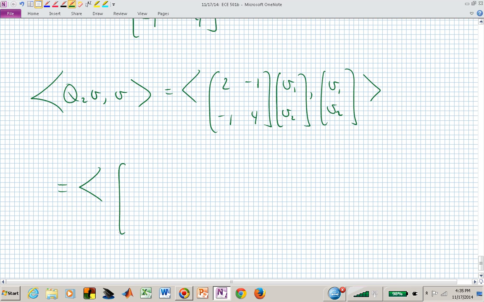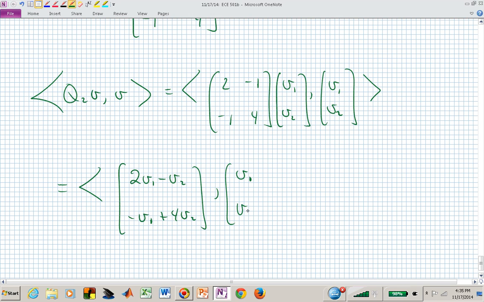Now we have a little bit more going on. We have 2v1 minus v sub 2 in the first coordinate of that output vector, and we have minus v1 plus 4v sub 2 in the second coordinate of that vector Q sub 2 v.